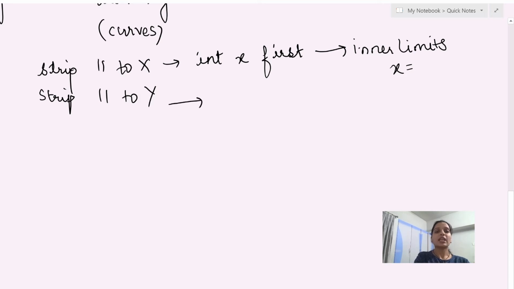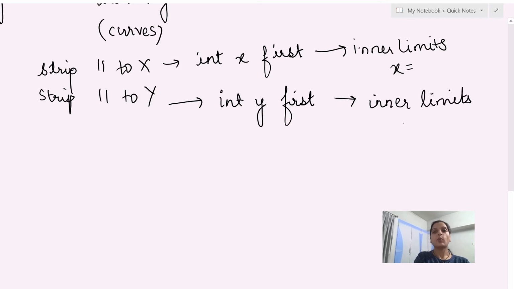If you take a strip parallel to the y-axis, you integrate with y first, and now my inner limits will be y is equal to something, and obviously outer limits will be constants.